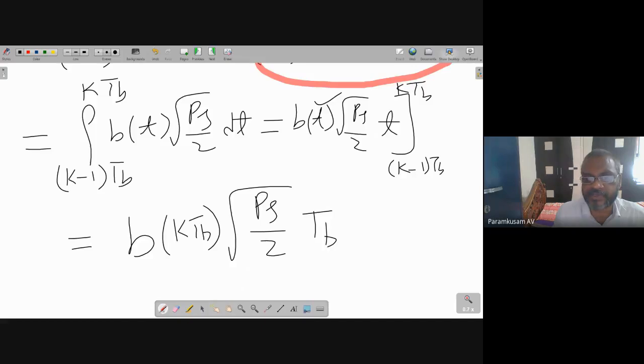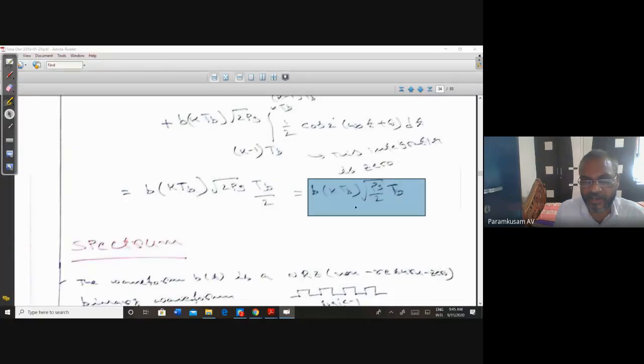So this is the expression for B of kTb into root of Ps by 2 into Tb.